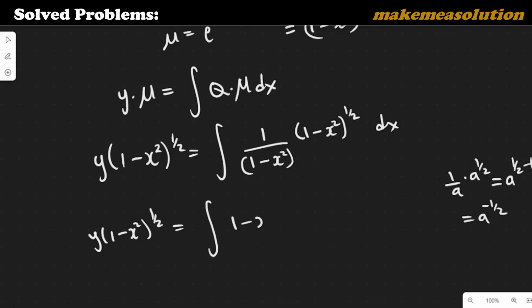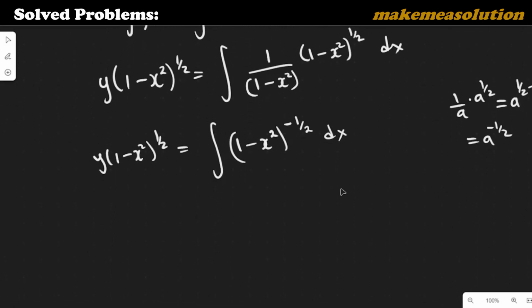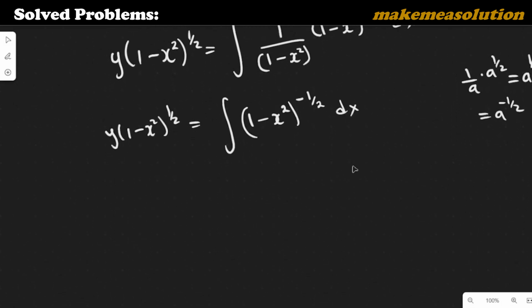1 minus x squared all raised to the power of what? Minus 1 over 2 dx. Is that okay? So what exactly does this mean? It means that y into 1 minus x squared all raised to the power of half is equal to the integral.